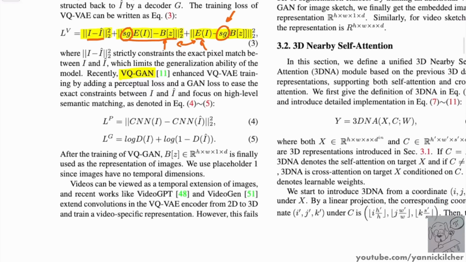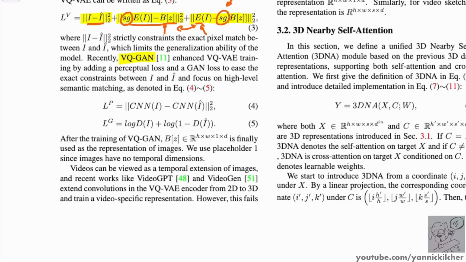They say they add two things right here. One is a GAN loss, which I'm going to guess is this one right here. So you can see they introduce a discriminator that discriminates between real and fake images. And I'm going to guess that this here is the loss for the discriminator, right? Because you want the discriminator to recognize real from fake, which means you need I and I hat.